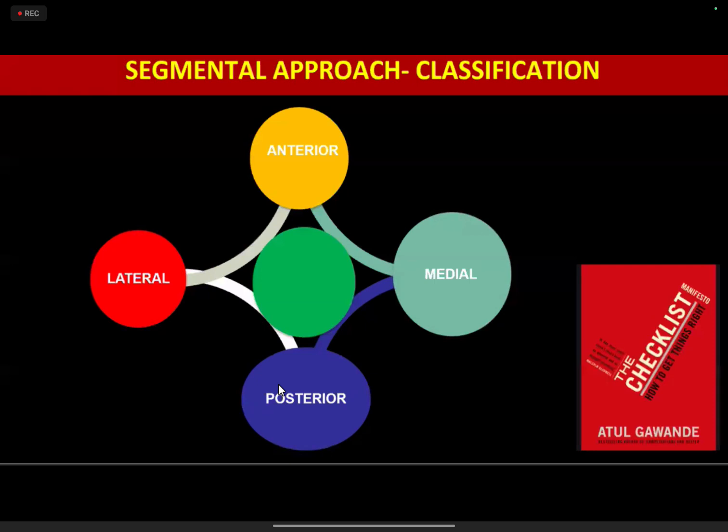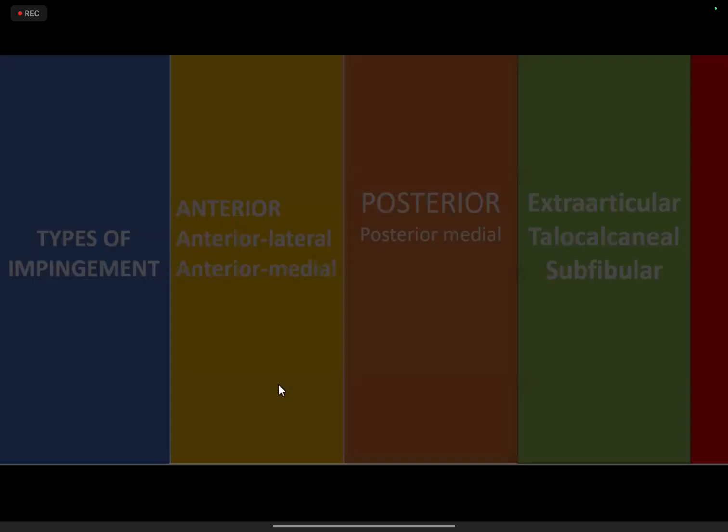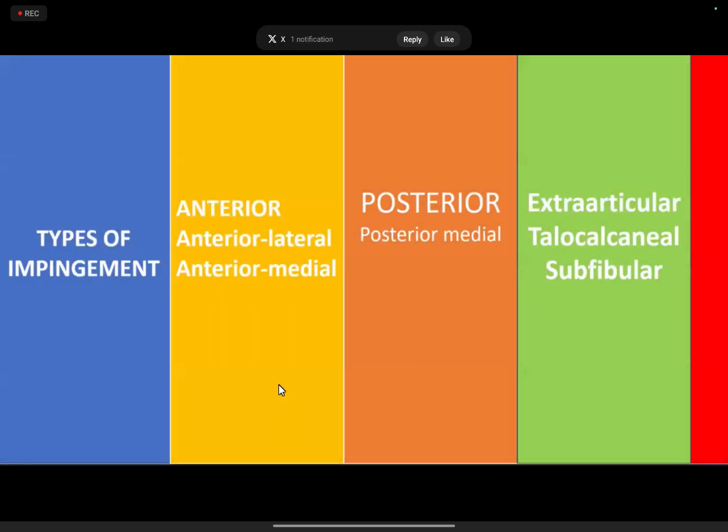I tend to follow a segmental approach in all my joint imaging, and that helps me not to overlook or forget any part of the joint. Given the breadth of causative mechanisms and preferred treatments, ankle impingements can be subsegmented into various anatomical regions.